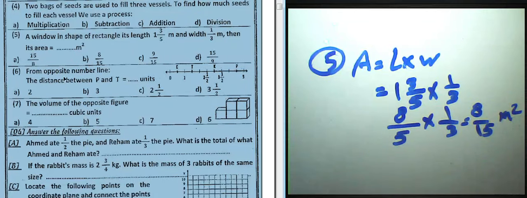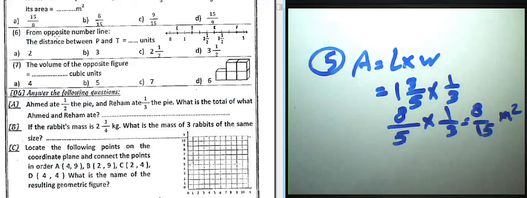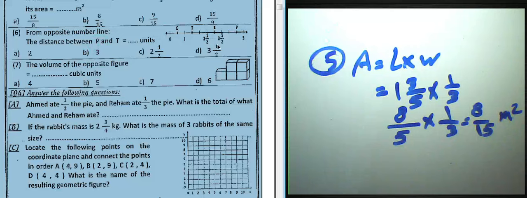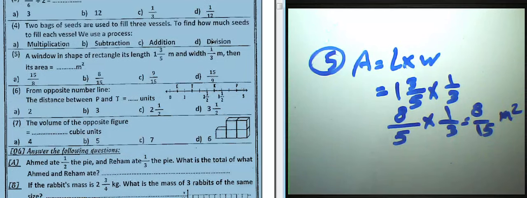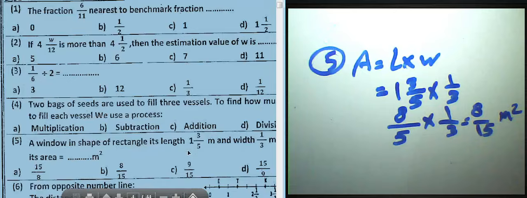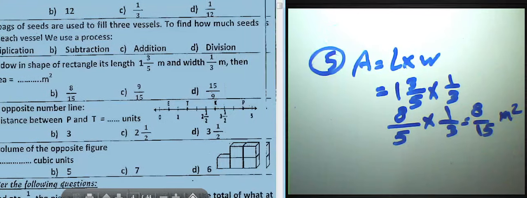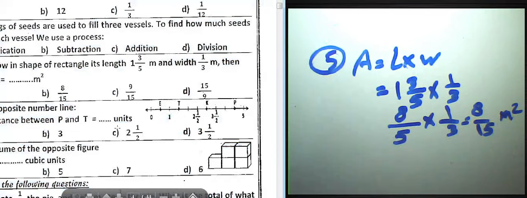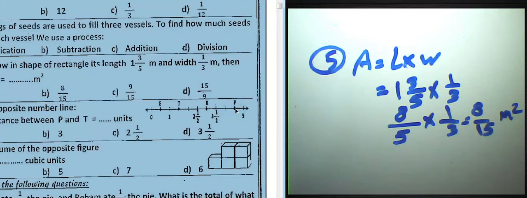Question number 6. From the number line, the distance between P and T. Look here, P and T. I will solve it with you. Look with me, my students. Very easy. You must count from P to T. 1 here. How many parts?